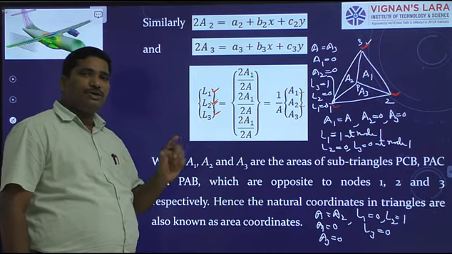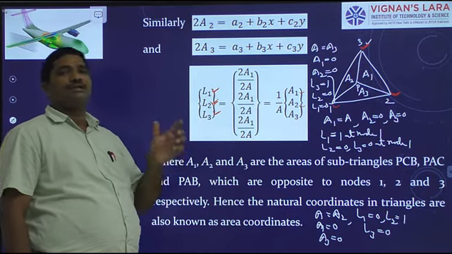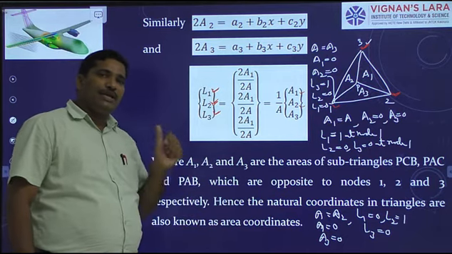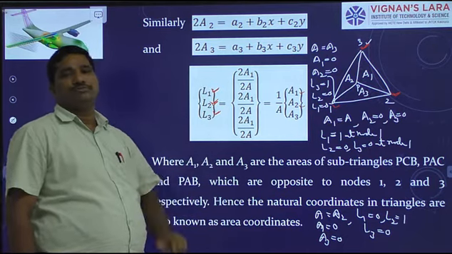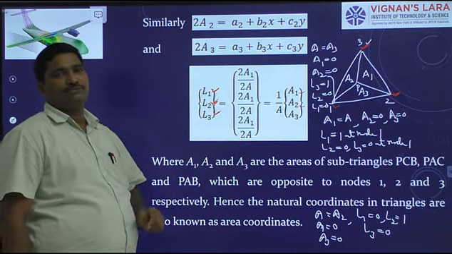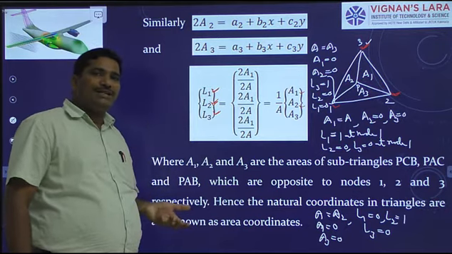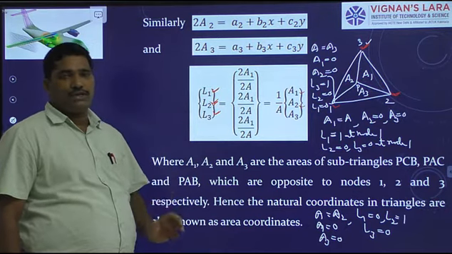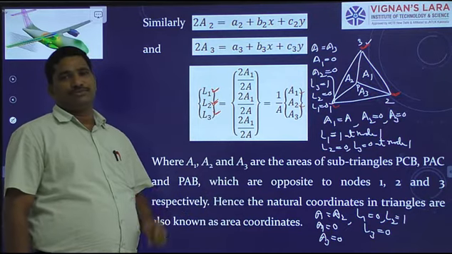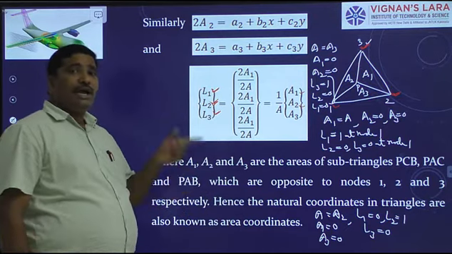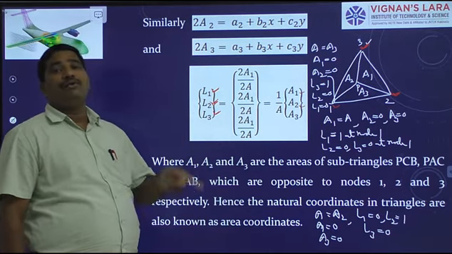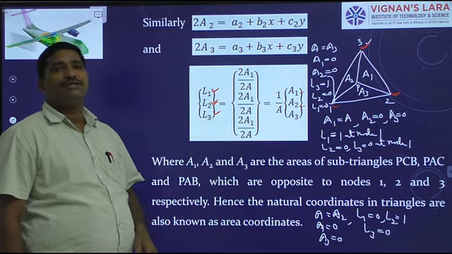At the same node, the remaining two natural coordinates are zeros. The natural coordinate L2 is unity at node 2, and the other two are zeros at the same node. The natural coordinate L3 is unity at node 3, and the other two are zeros. And moreover, at each point on the three-noded triangle, the sum of the natural coordinates is unity.